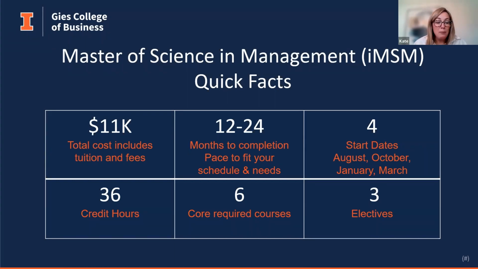And you will complete 36 credit hours. That will include 6 required courses and 3 electives, either in a predetermined track or any 3 electives that we offer. And then lastly, the amazing announcement that we made: you can now stack this MSM and have 36 credit hours into your IMBA.